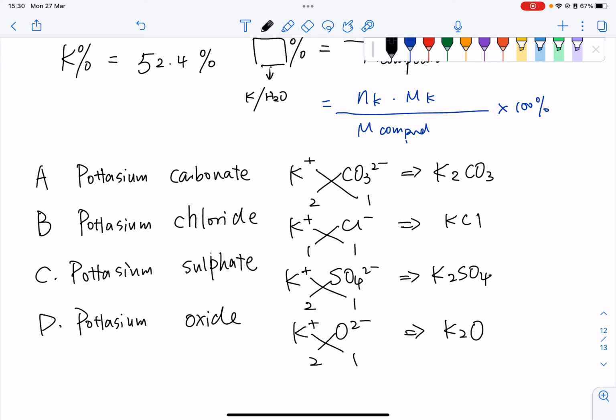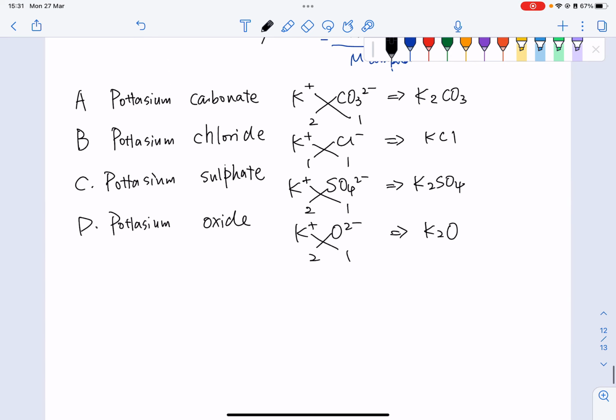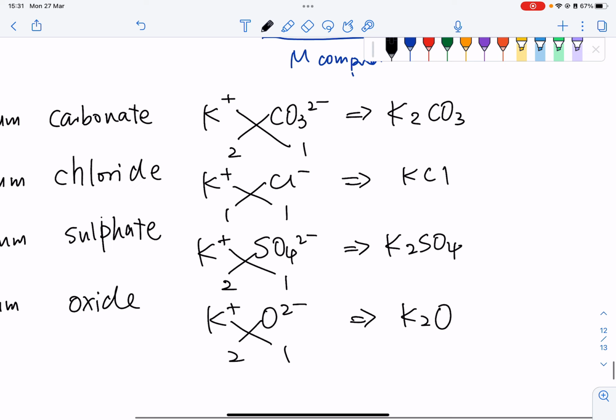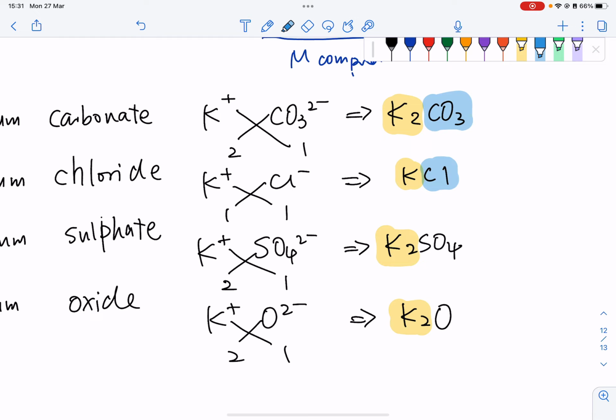So now, how can we know that it's 52.4? There is a very easy way to help you determine the answer in your 4 MCQs. We will only need to calculate the mass of potassium within those compounds, and also the mass of the other part.